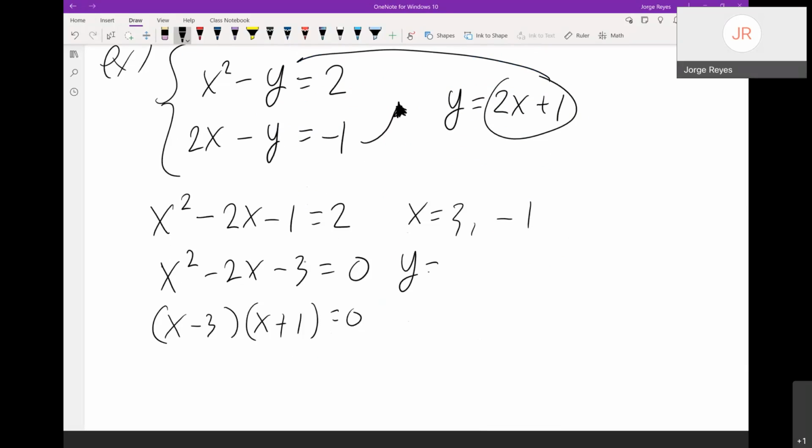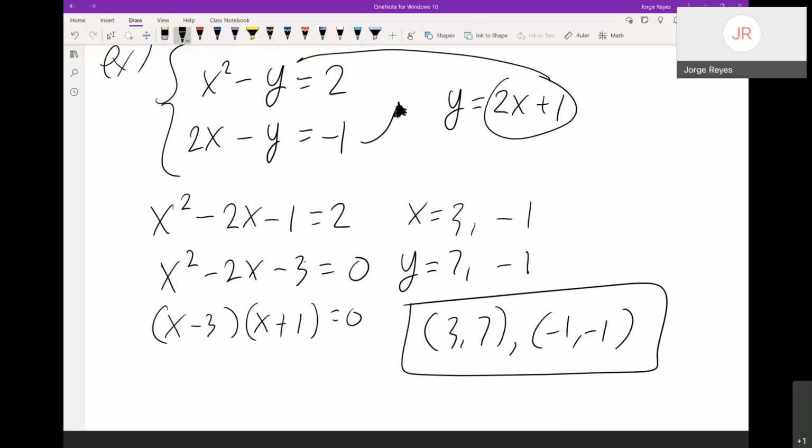So when I plug that into y, if I plug in 3, I'm going to get 7, and if I plug in negative 1, I'm going to get negative 1. So then my answers are (3, 7) and (-1, -1). Ta-da!